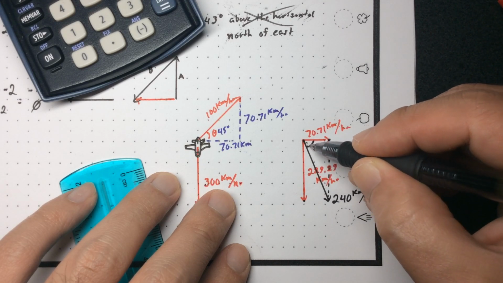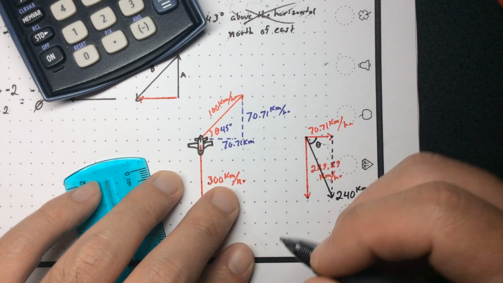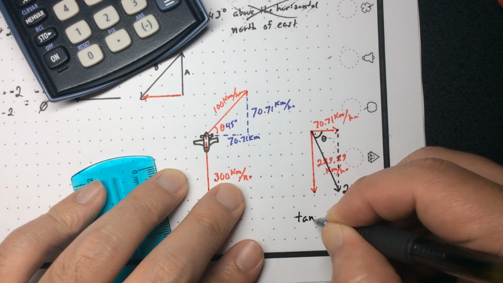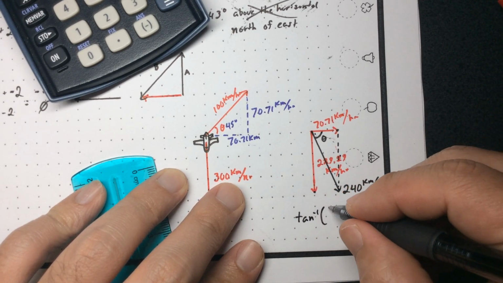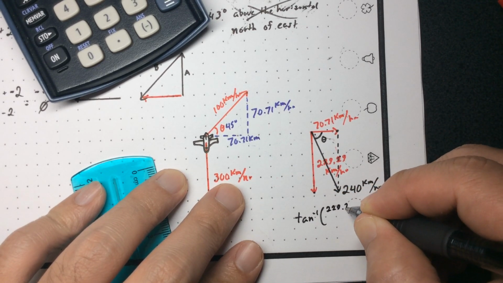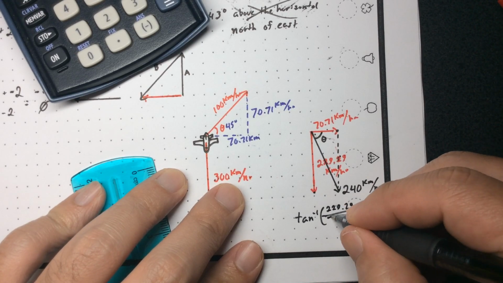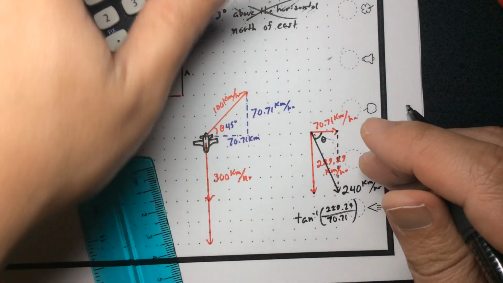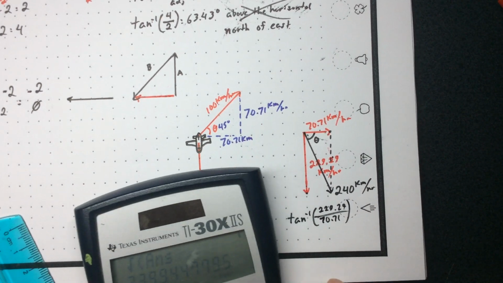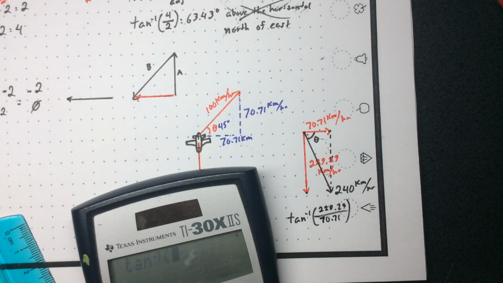And so I need opposite over adjacent, and that again is going to be tangent inverse. Opposite is going to be 229.29. The adjacent is going to be 70.71, and if I do this, it's going to give us an angle. So inverse tangent of 229.29 over 70.71 gives me a value of 72.86 degrees.